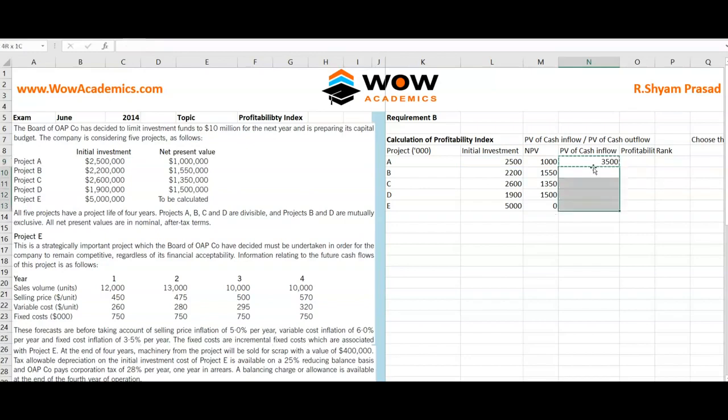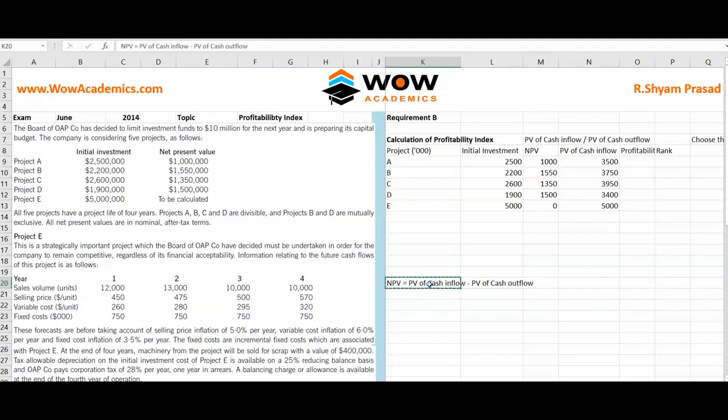So we will fill all the columns. So this is our present value of cash inflow. If you want, we'll do it here. NPV is equal to present value of cash inflow minus present value of cash outflow. We know what the NPV and cash outflow are.